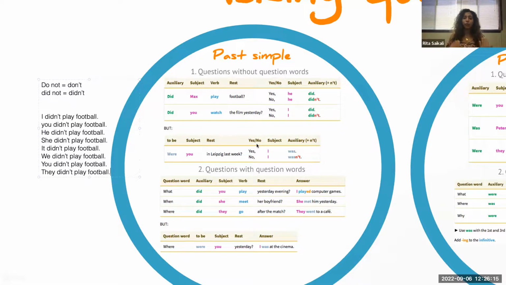And if we want to ask with the WH questions, the who, what, where, when, why questions, we put that at the beginning, then did, then the subject, then the verb, and then the rest of the sentence. What did you play yesterday evening? I played football. When did she meet her boyfriend? She met him yesterday.